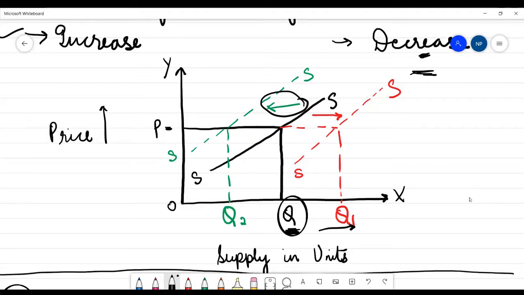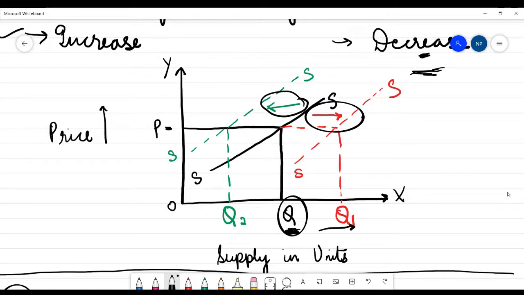Therefore we see a rightward shift in the curve. If you compare the black supply curve with the red supply curve, you will see a rightward shift, which shows that when there is a decrease in prices of other goods, the supply of the original commodity will increase in the market.